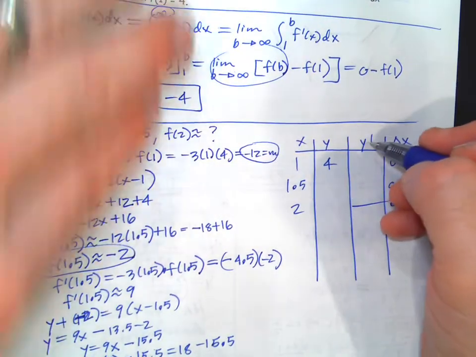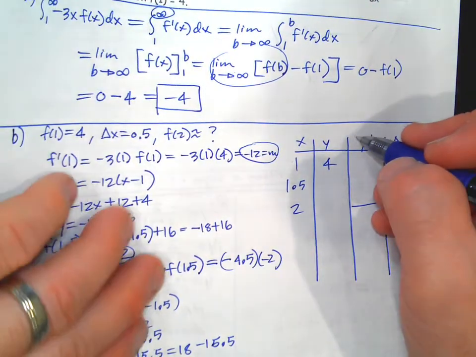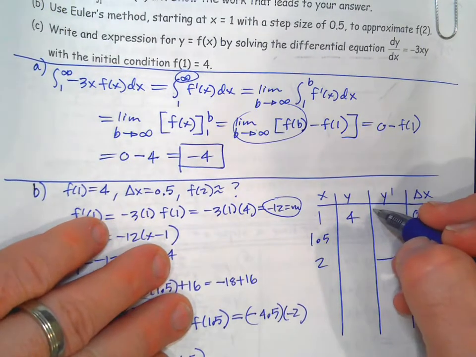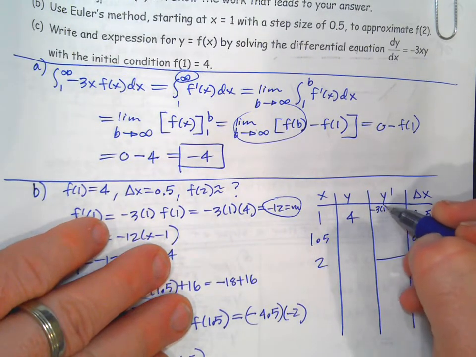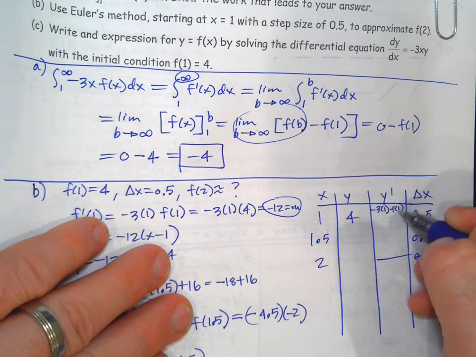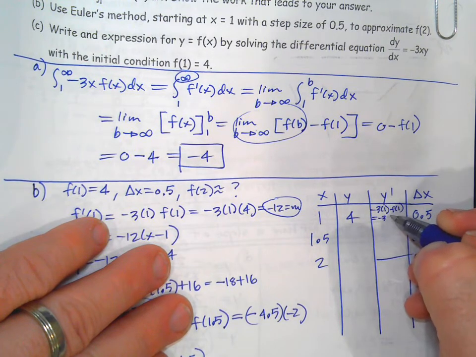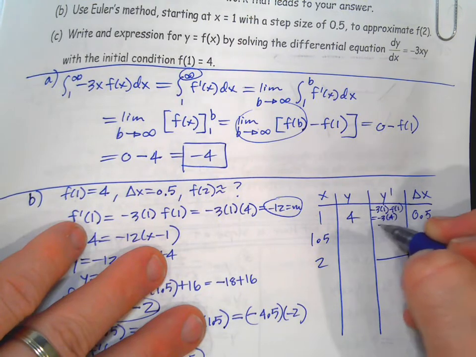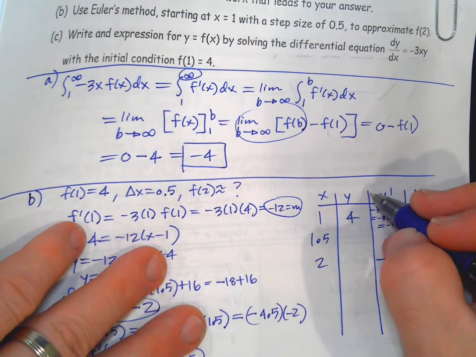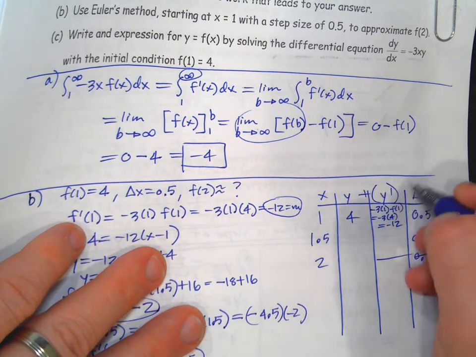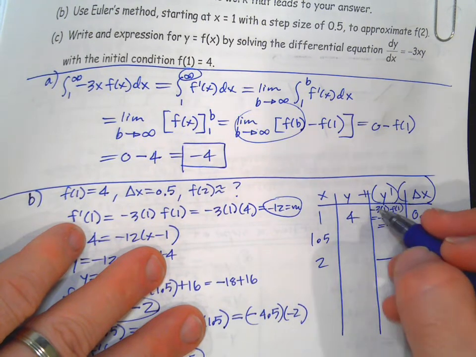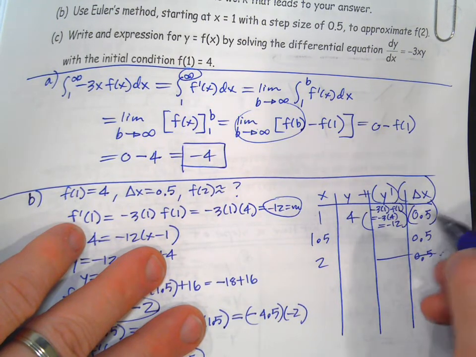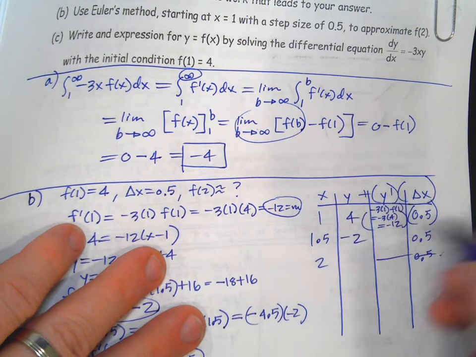The derivative, we still got to do this work. It's going to be negative 3 times 1 times f of 1. So it's going to be negative 3 times 4, so it's going to be negative 12. And the new one's going to be the old y plus y prime times delta x. So it's going to be negative 2.